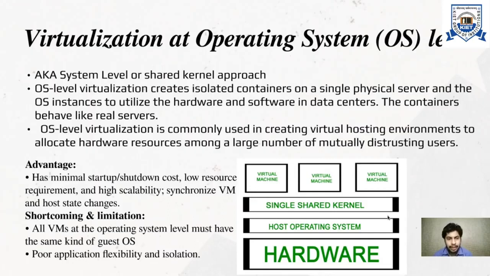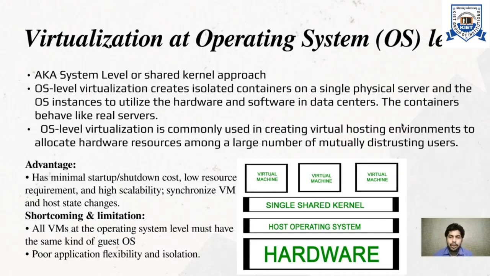It means it can start up and shut down very easily, and it has a very low resource requirement because they are sharing the kernel, so they themselves don't have any kernel. They also have high scalability. You can make many virtual machines with this type of system, right? Here we can see we have 3 virtual machines and all are sharing the kernel of the host operating system.